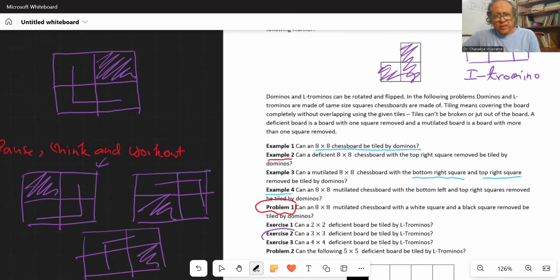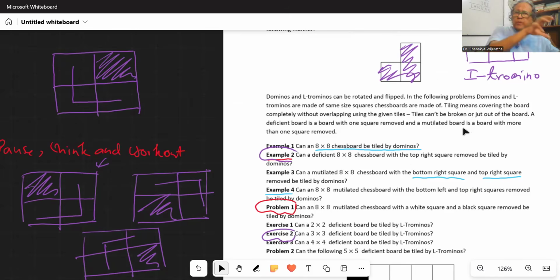So next task: can a 3 by 3 deficient board be tiled by L dominoes? Now, it should occur to you that we had this example, a deficient 8 by 8 chessboard with the top right square removed, which cannot be tiled by dominoes because it has 63 squares.